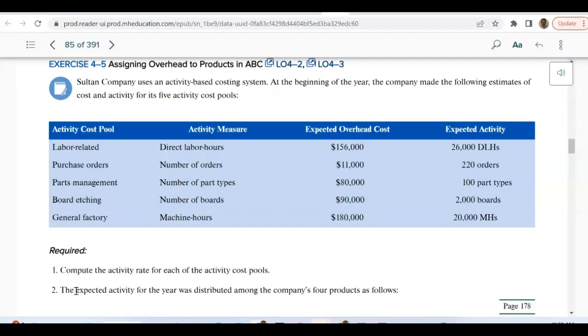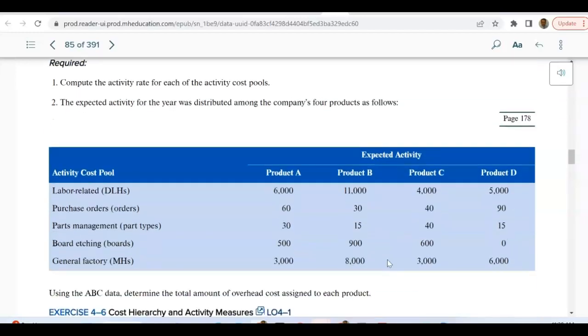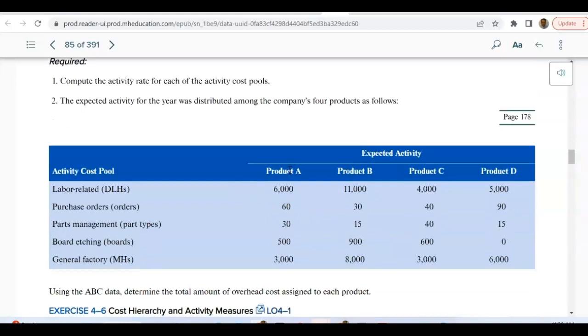Then, number 2, the expected activity for the year was distributed among the company's 4 products as follows. For products A, B, C, and D, we have direct labor hours.